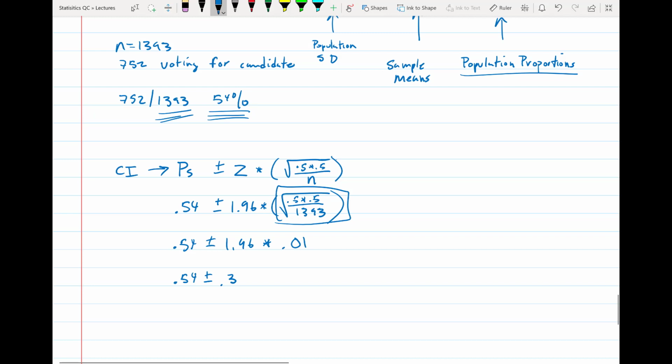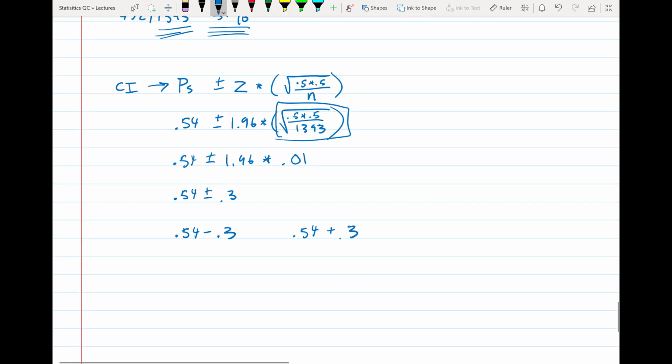All right, so it's looking pretty good for our candidate here, because our confidence interval is given now by 0.54 minus 0.03 on the low end and 0.54 plus 0.03 on the high end.